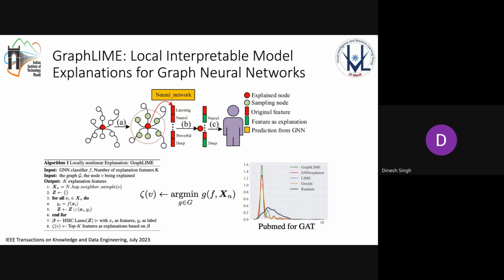For that, we applied a nonlinear kernel based lasso, called HSIC lasso, which is a widely used nonlinear feature selection method based on kernel similarities between different features. So for whatever node we wanted to explain, with its embedding, we sampled certain neighbors in the same way and put their feature vectors into a matrix.